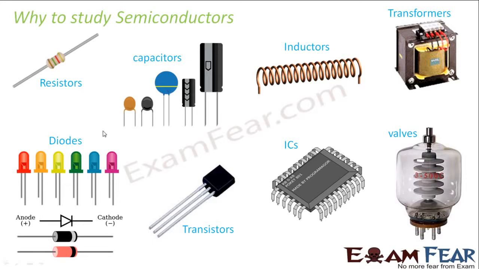If you go for higher studies in physics, you will have solid state physics, which talks only about such things, right? So semiconductors is a very vast subject to discuss.